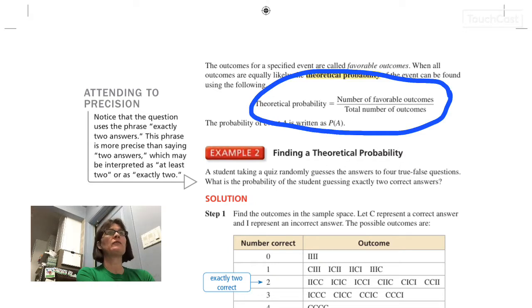So if we're flipping a coin and we hope to get heads, then the probability of us getting heads is 1, because there's only one head on a coin, divided by 2, because there are 2 possible outcomes when you flip a coin. Or if we wonder what the probability is of rolling a 5 when we roll a 6-sided die, there's 1 5 on the die, and we would divide by the 6 ways to have the outcome of rolling a die. So there's 6 different possibilities, so 1 out of 6.